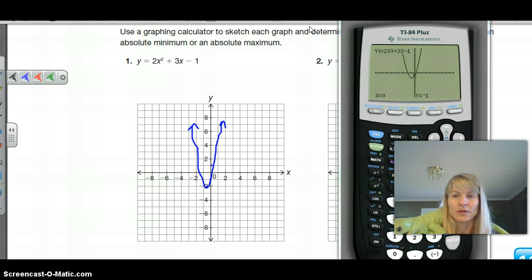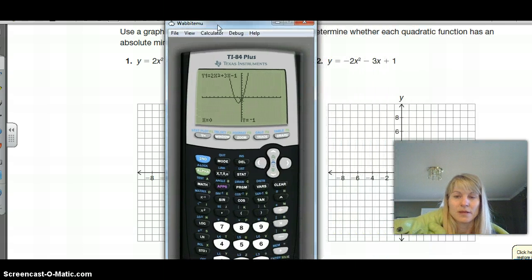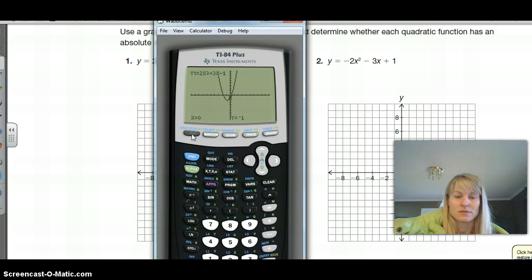Then we're going to go over and do the next graph, and this one looks the same, except we have a negative, so we're going to insert a negative here, and this is minus, and this is plus. So we just changed some of our signs around here. Then we're going to hit graph, and again we can just hit trace and find out the y-intercept is 1.